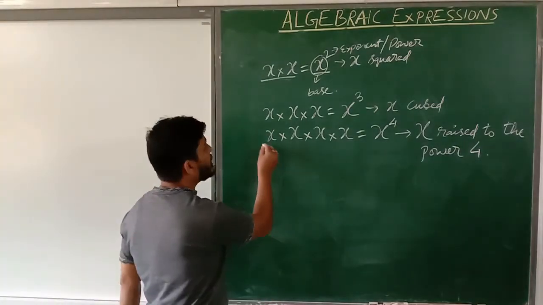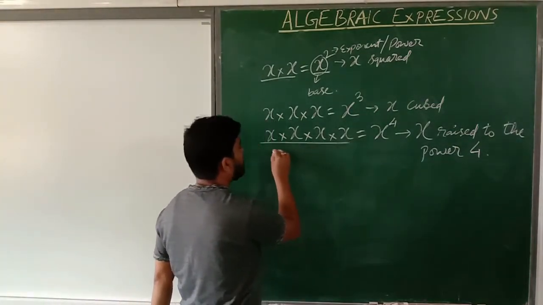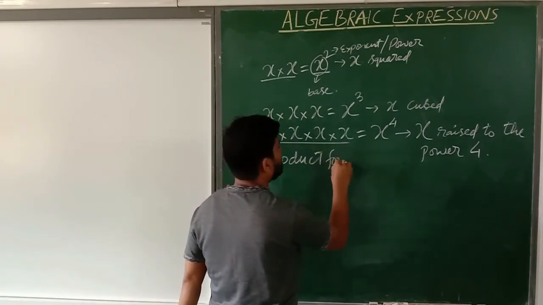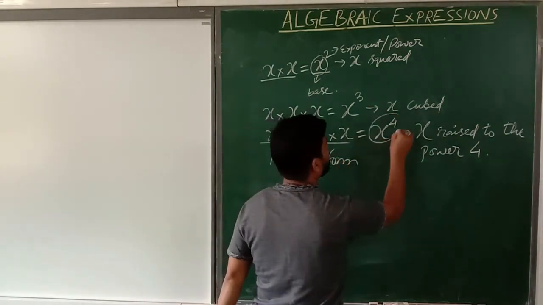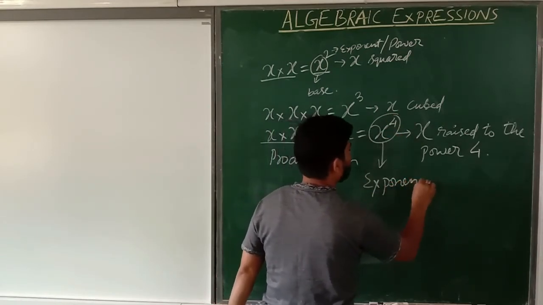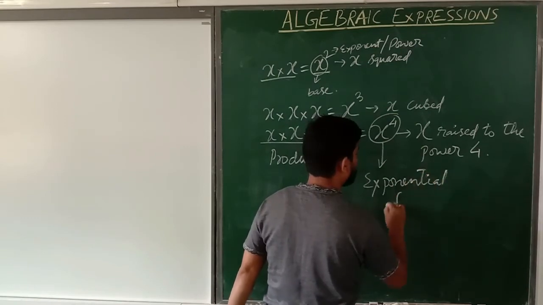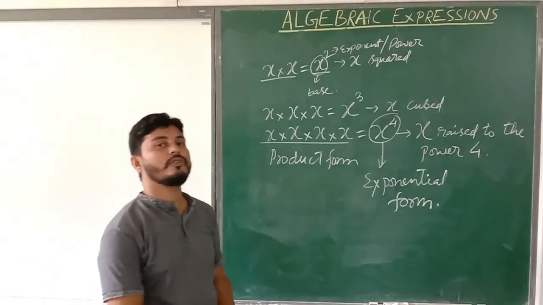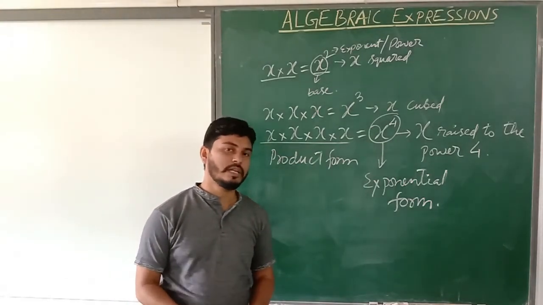Again I am repeating, this way of representation is called product form, and this way of representation is called exponential form. Remember this, it will be helpful for you to do the exercise.